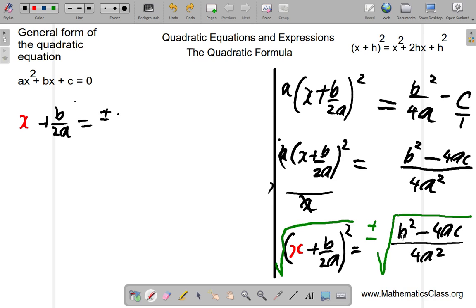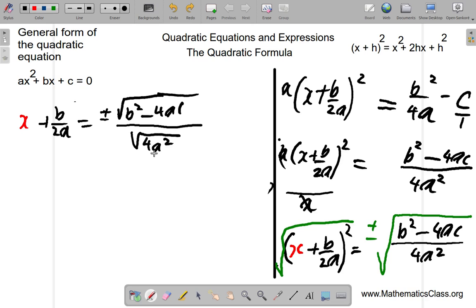It's like the square and the square root cancel out each other. But you could separate the top and bottom: the square root of b squared minus 4ac over the square root of 4a squared.